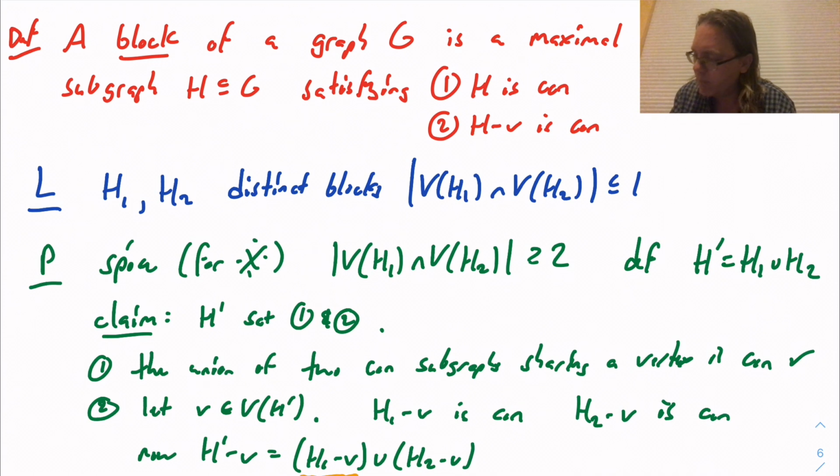H1 delete V is a connected subgraph of my graph G. H2 delete V is a connected subgraph of my graph G. Those two connected subgraphs overlap in at least one vertex, and that means that their union is another connected subgraph, and that means H prime delete V is connected, and that completes the proof of 2. So we've proved that if you have two distinct blocks, then they can overlap in at most one vertex.